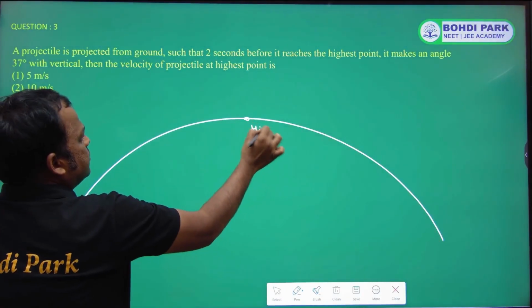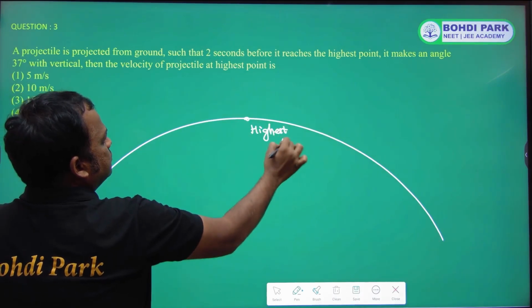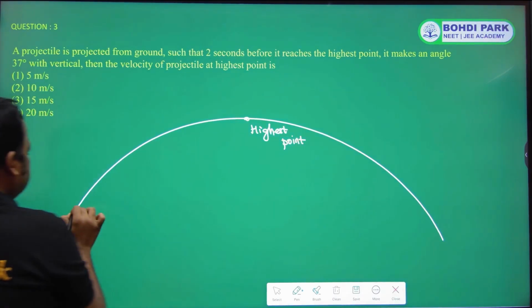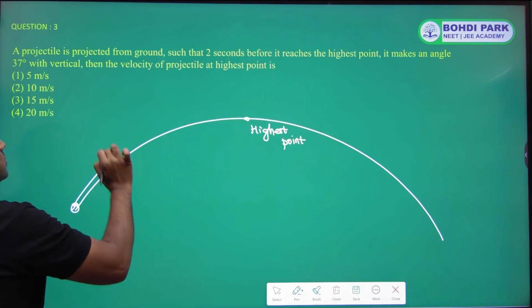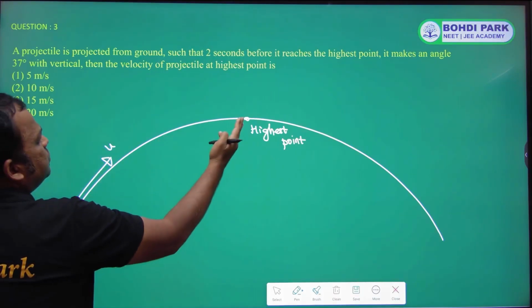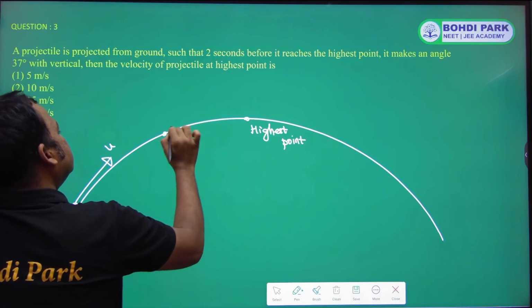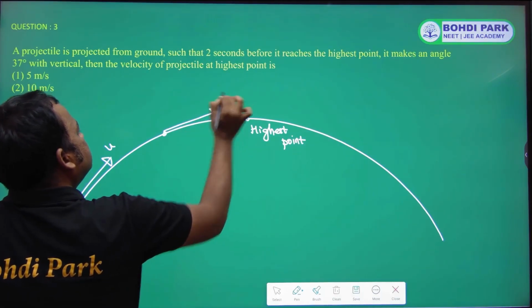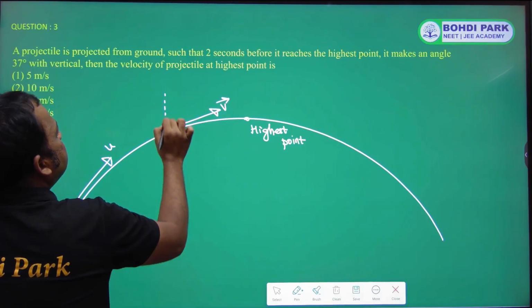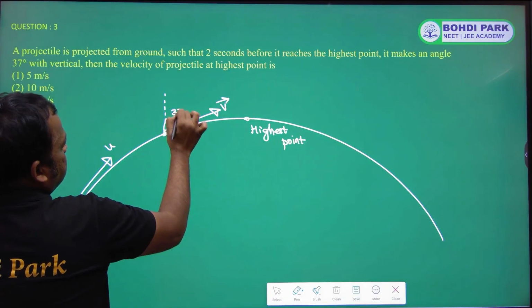This is the highest point, and this is the point of projection. So this is the u vector, and 2 seconds before reaching the highest point, suppose here, this is the final velocity. Now with vertical, it is making 37 degree.